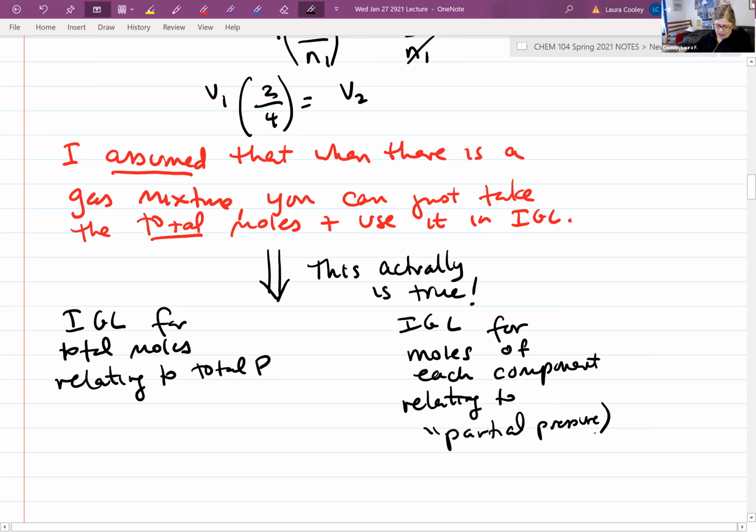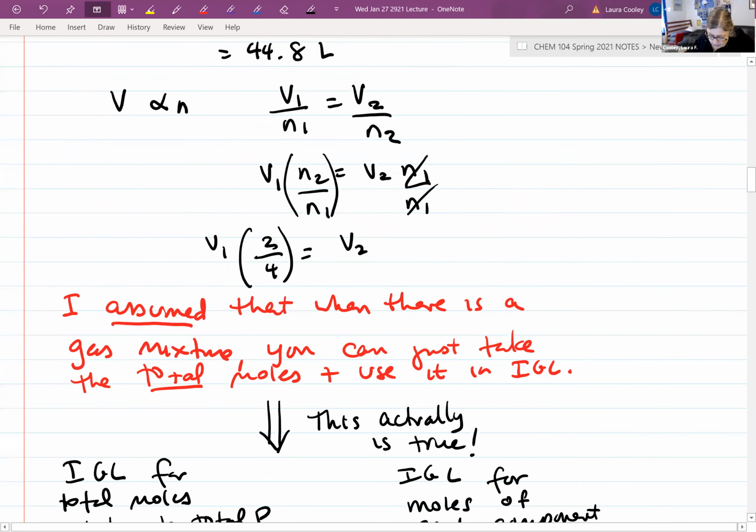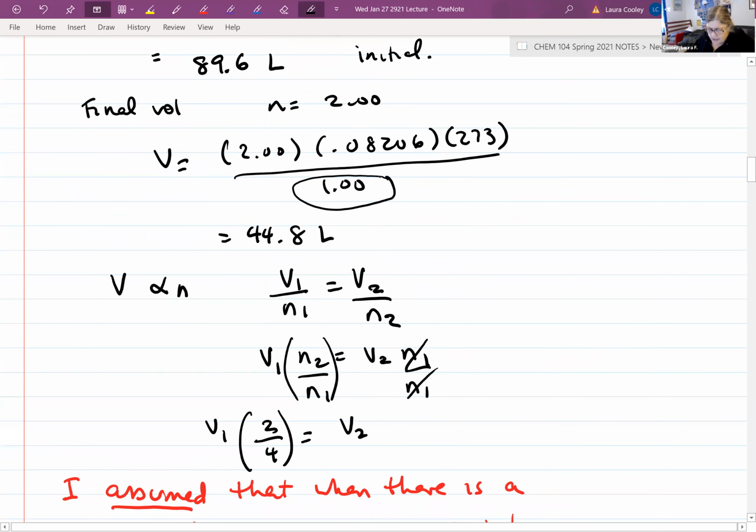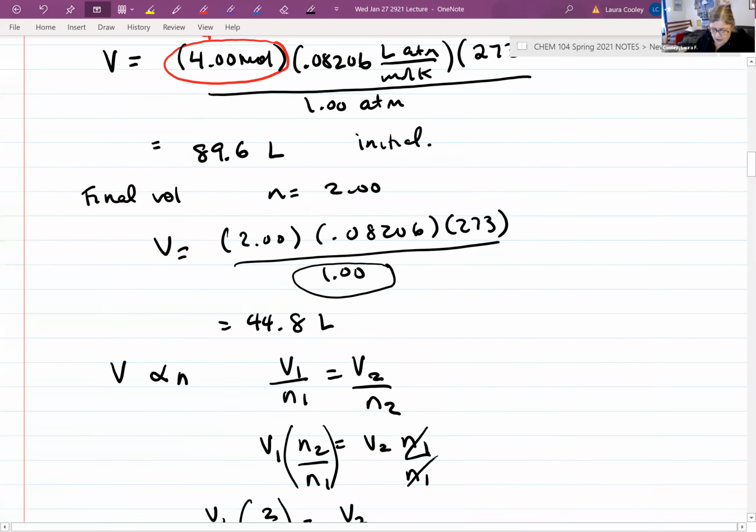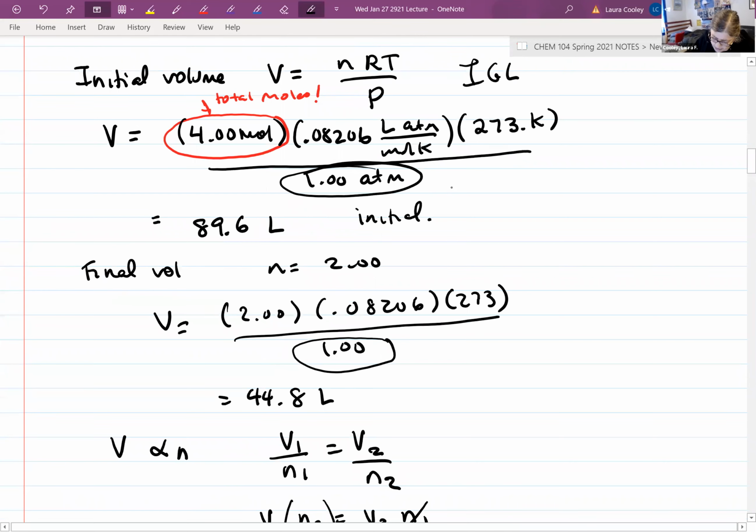So in our case, we were actually solving for the volume, but this pressure here is actually the total pressure inside. Well, actually here's where I had the mixture. This is the total pressure inside that balloon.